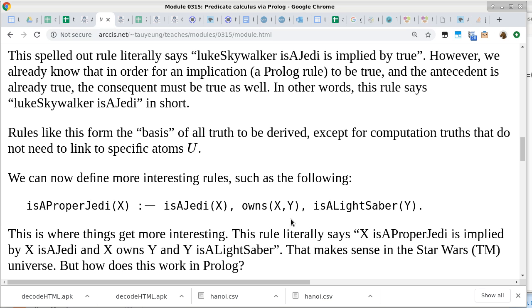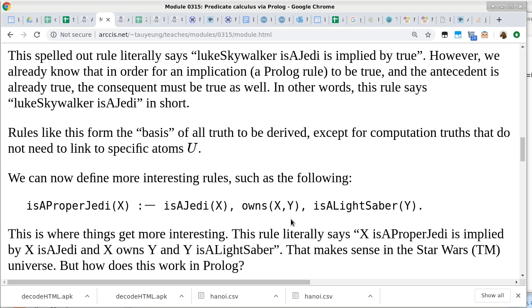What about Y? Y does not appear on the left-hand side. It only appears on the right-hand side. So if you have a variable that does not appear on the left-hand side, but does appear on the right-hand side only, that becomes existentially quantified. In other words, we apply there exists. Okay? So let's apply that and see whether it makes sense.